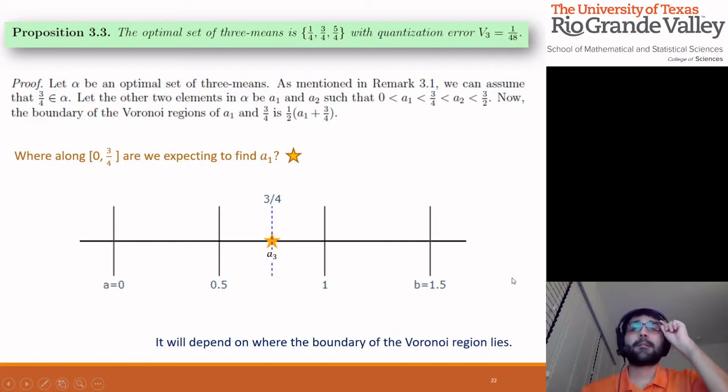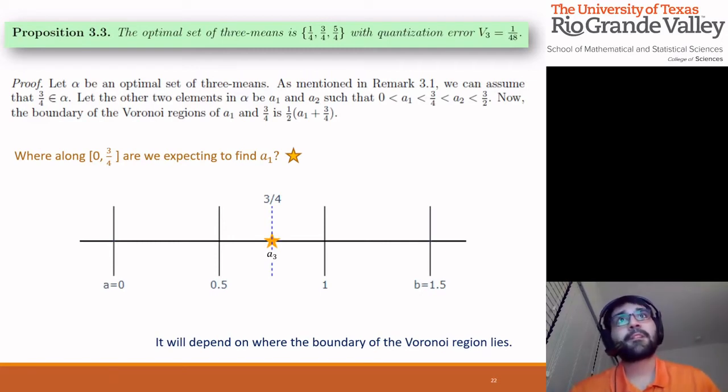Okay. Proposition 3.3, the optimal set of three means is this set with quantization error 1 divided by 48. Again, let me quickly go over the proof. Let alpha be an optimal set of three means.